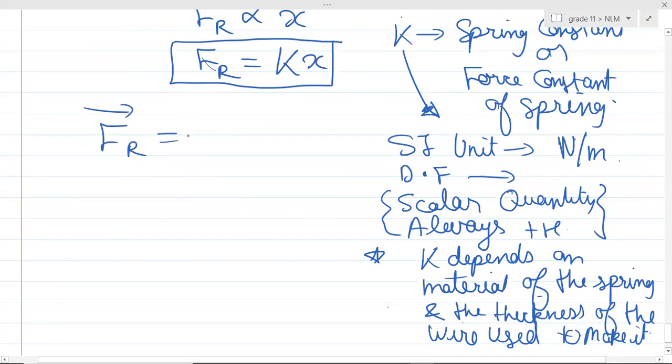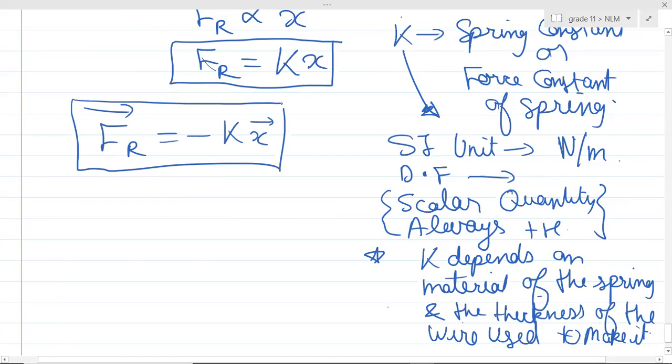Also, vector-wise always remember, Fr is equal to minus kx. We'll always use this only. We'll not use the vector form because direction we can guess and magnitude will follow, right? So Fr equals minus kx.